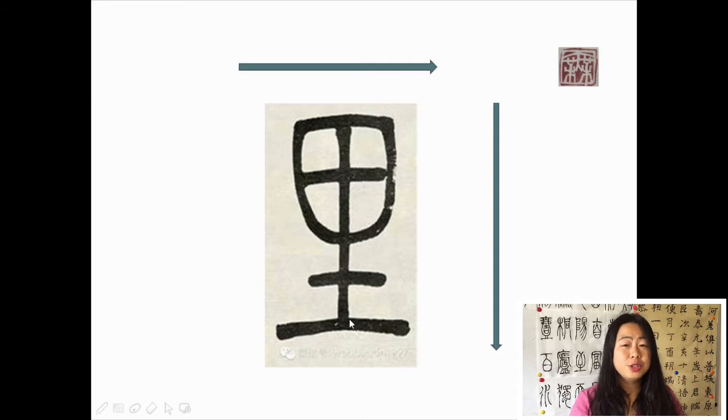Generally speaking, Chinese characters are written from top to bottom and from left to right. For ancient Chinese characters, we don't really have a certain order, but we need to figure out how to write them, like this character.